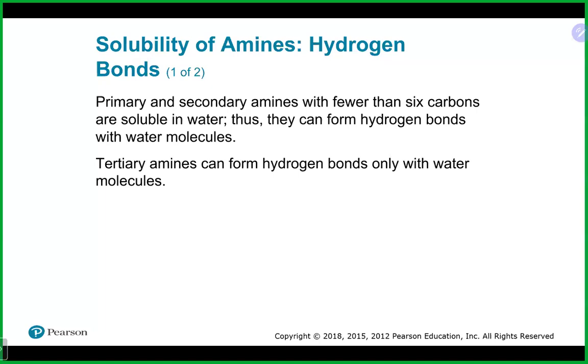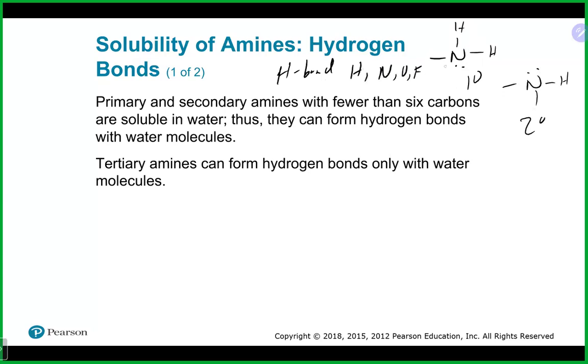The primary and secondary amines, because they have, that's our primary, and our secondary looks something like this. Remember, in order to be able to hydrogen bond, you need a hydrogen that's directly attached to a nitrogen, oxygen, or fluorine.